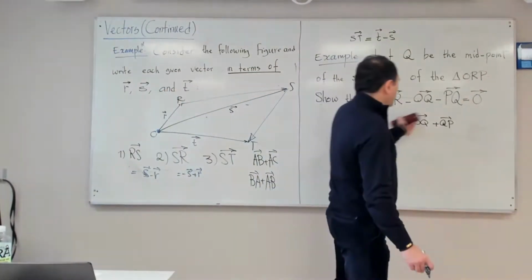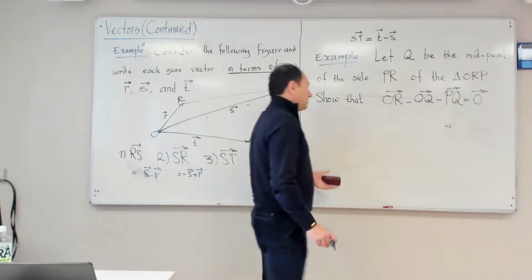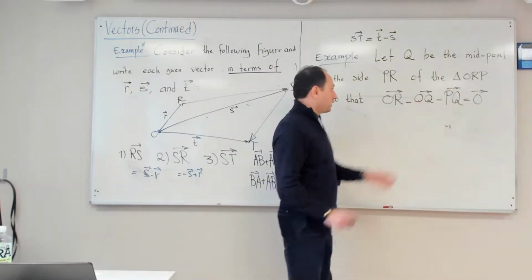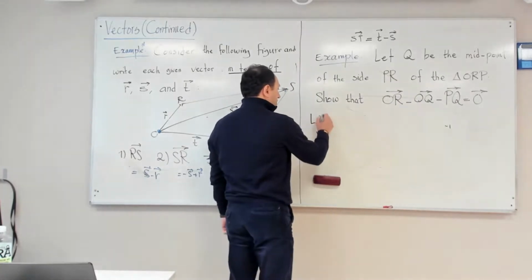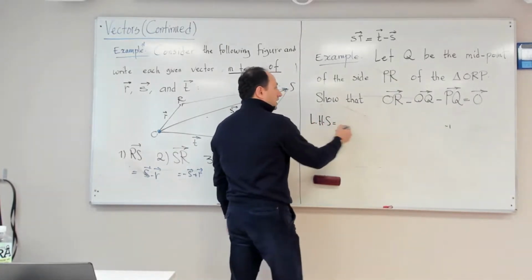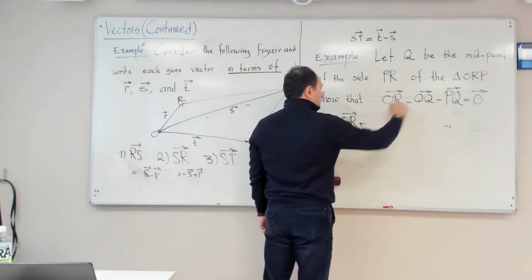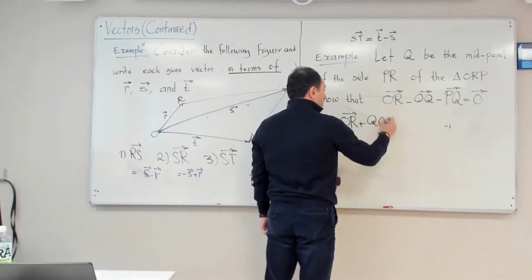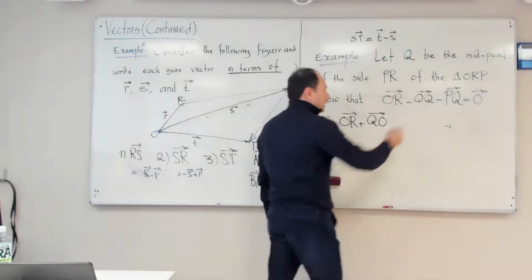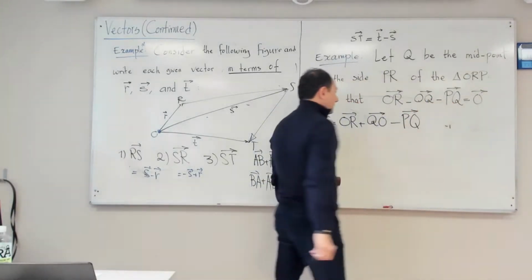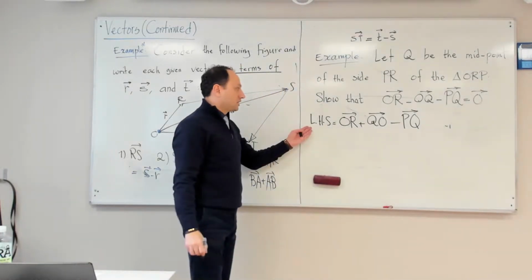But I want to finish, so let me start doing this. I would start from the left-hand side. I will make this one positive, which becomes QO, agree? And then I will keep this one the same because I don't know what to do with that for the time being. This is my left-hand side.